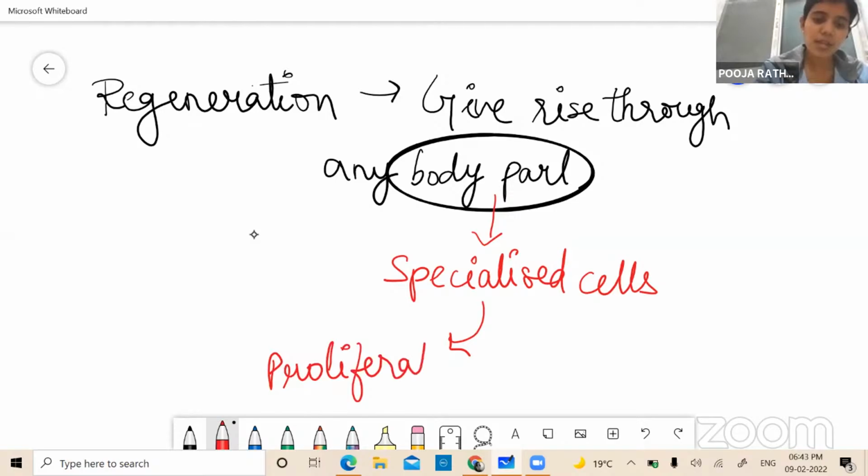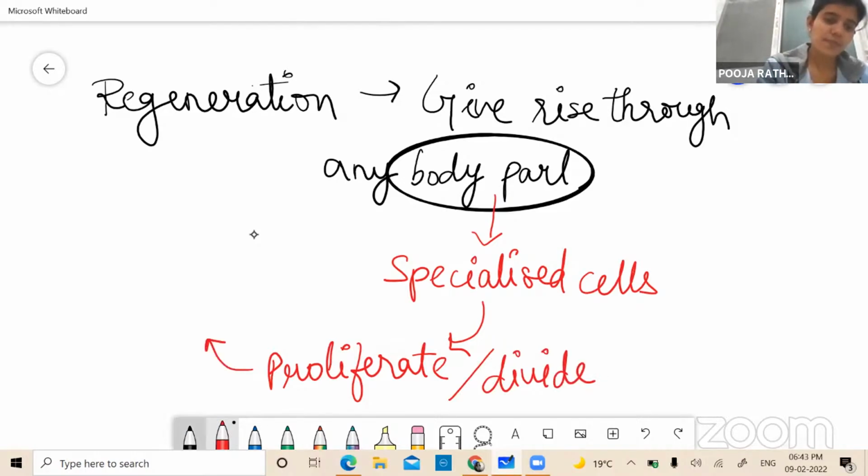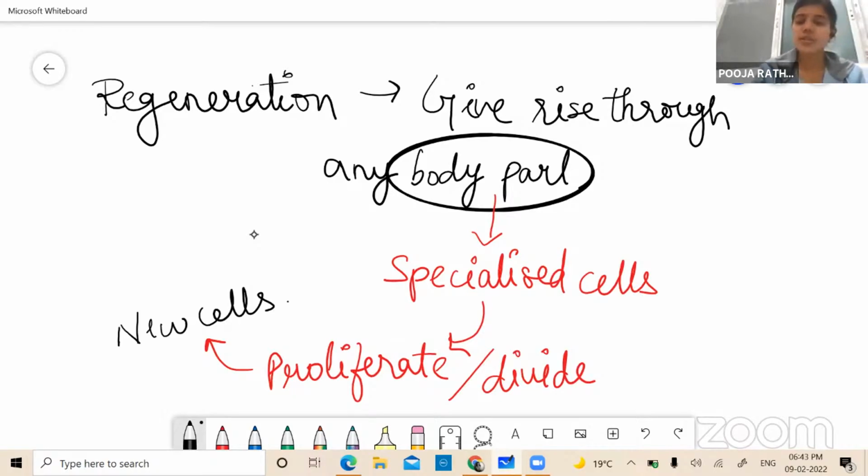Proliferate means that they could divide and generate new cells. This is called regeneration. Regeneration is mostly seen in planaria. Planaria is a type of organism in which regeneration is mostly seen.